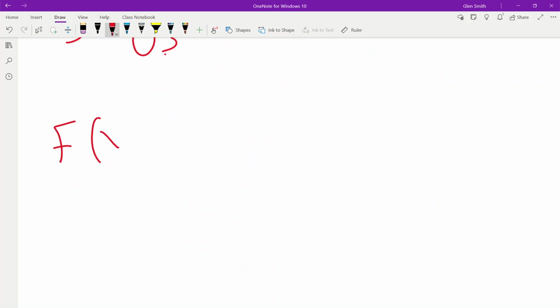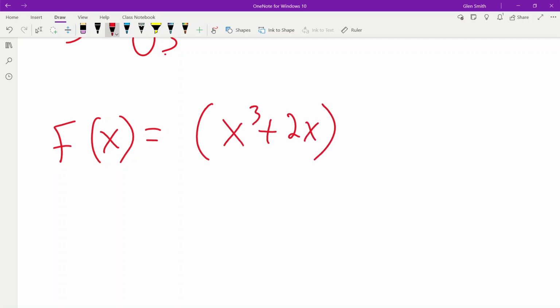Because our super strong powers are really limited, if I asked you to derive this thing, we can't derive that in the form that it currently exists. All right? However, we could rewrite it so that it's x to a power times some number. We have to FOIL it out.